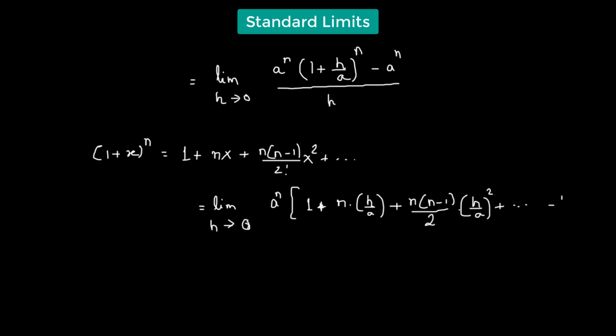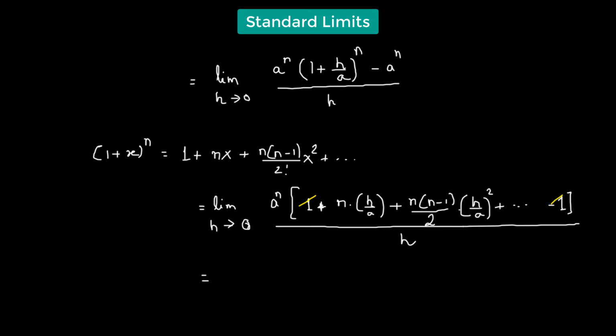Since we have already taken a raised to the power of n as the common factor, that leaves us with negative 1 divided by h. So the positive 1 and negative 1 cancel out each other.